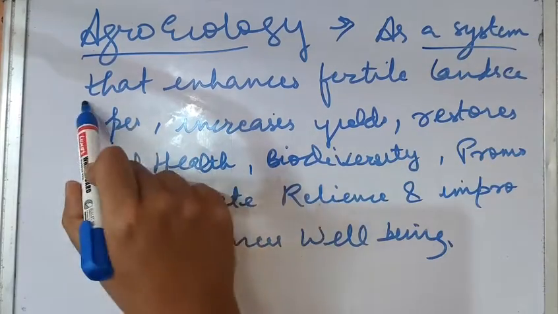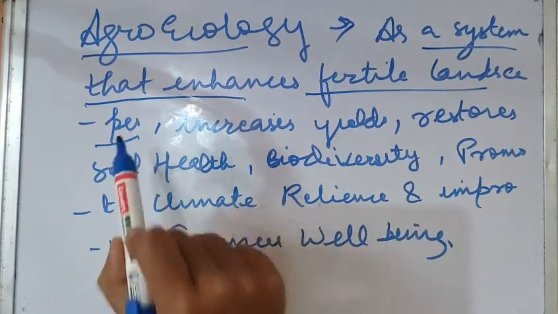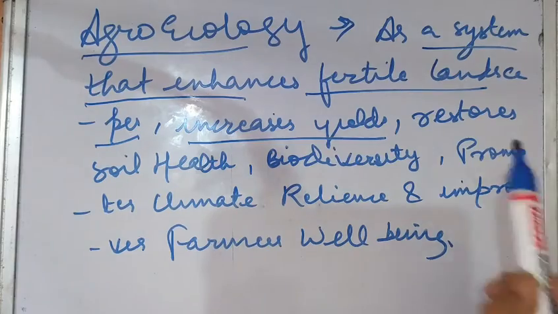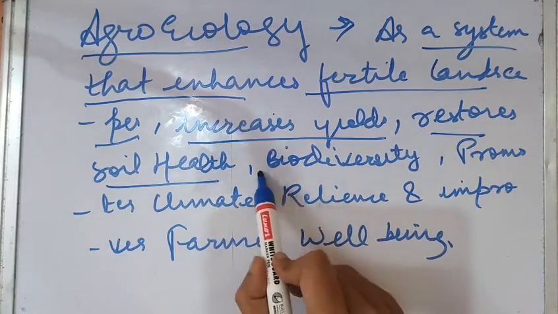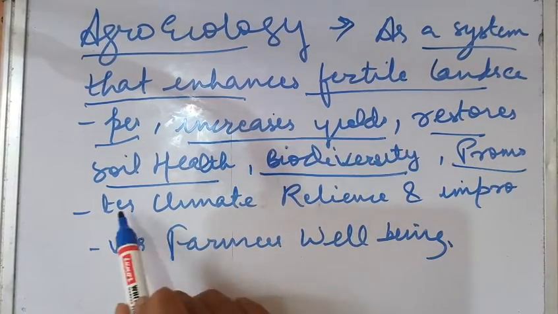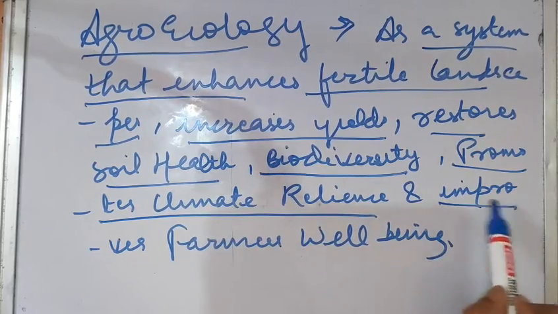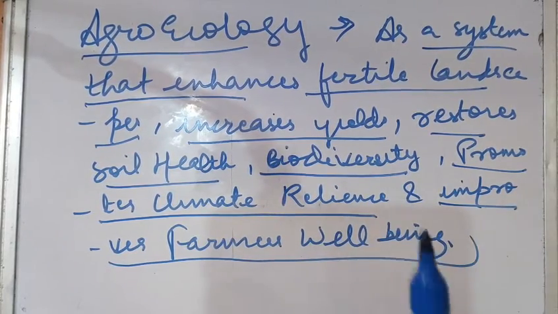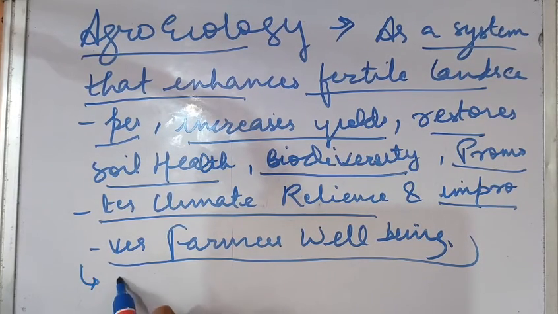It is a system that enhances fertile landscapes, increases yields, restores soil health, restores biodiversity, promotes climate resilience, and improves farmers' well-being. So this is how we can define agroecology, and it is now recognized worldwide.